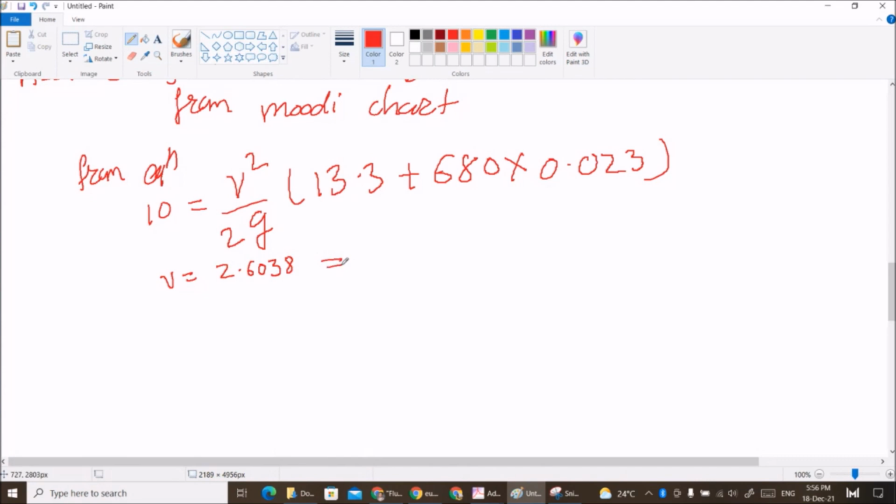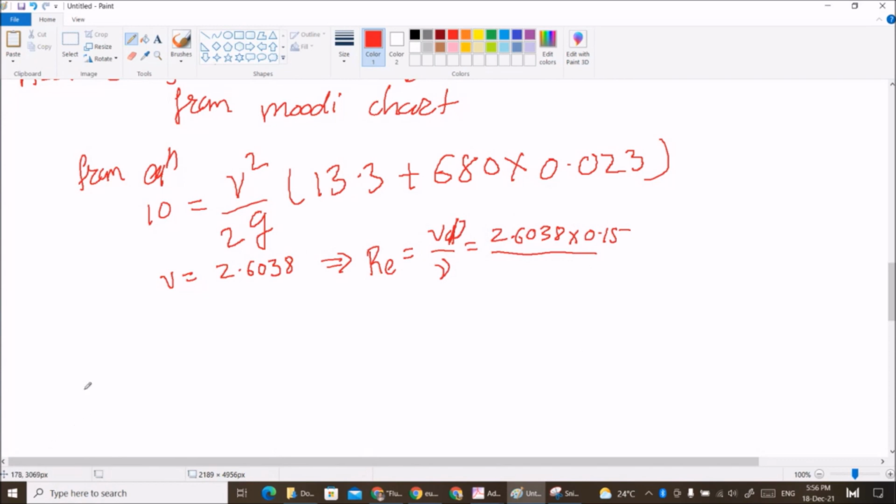V is 2.6038, which will give you Reynolds number Re equal to VD by nu. So V is 2.6038 into 0.15, this is capital D, divided by nu.